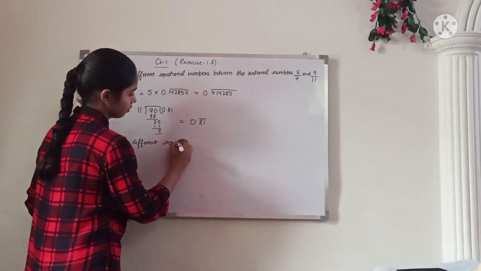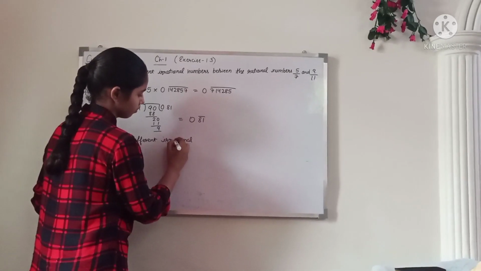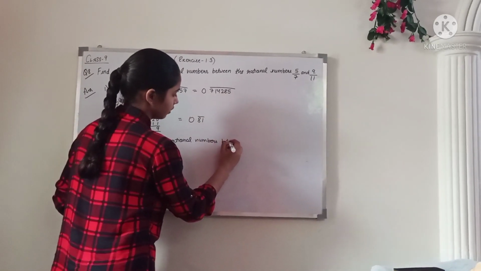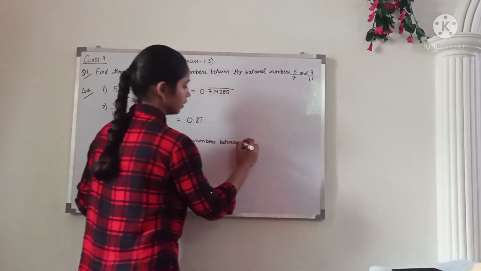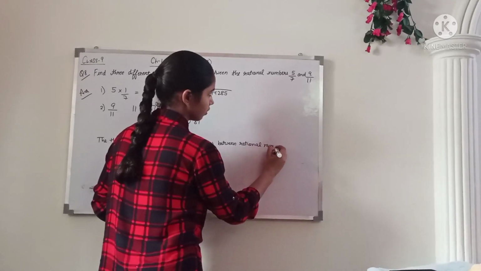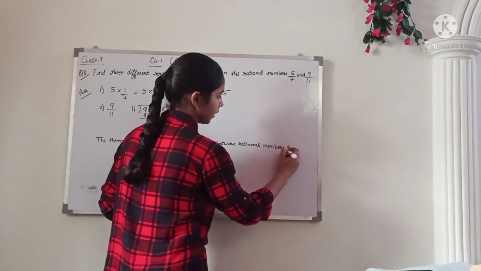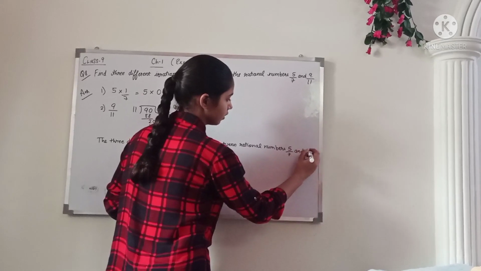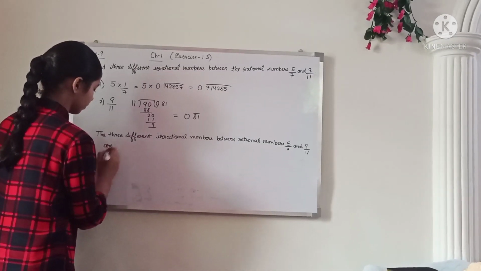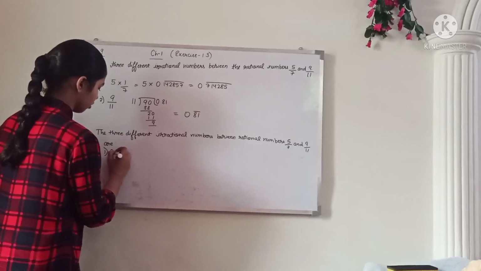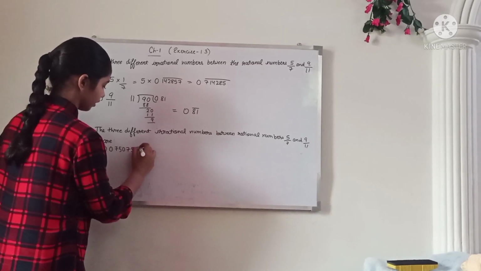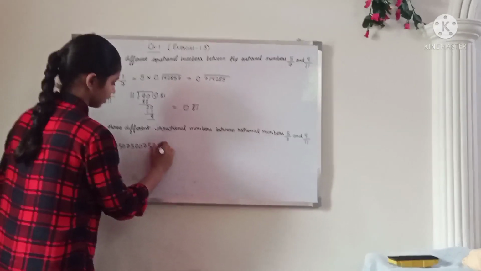Irrational numbers between the rational numbers 5 upon 7 and 9 upon 11 are, the first one is 0.750 and so on.